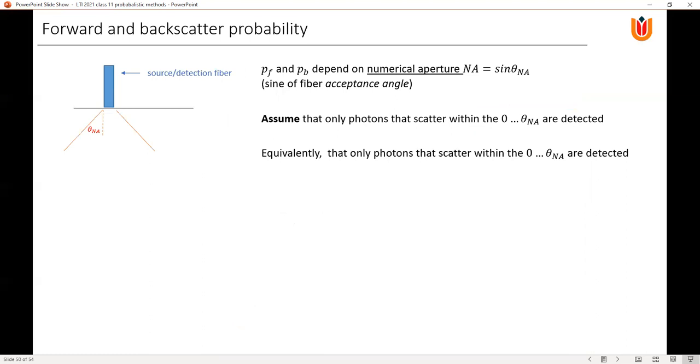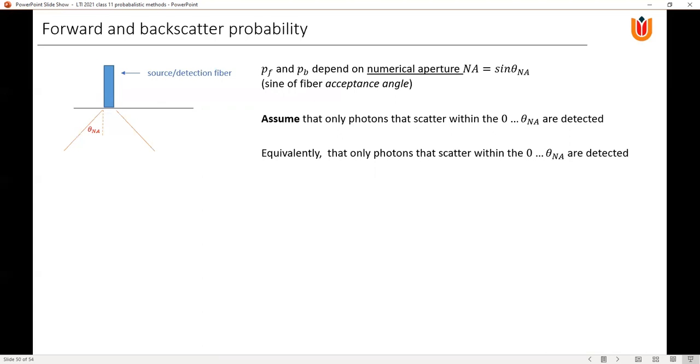Okay, so now we had PF and PB in there as factors that described the probability in the forward direction and the probability in the backward direction. That was a nice accomplishment, but we would like to tie that to some physical measure of the system. One of the thoughts, and this was just how we tried to solve that, is to tie it to the numerical aperture of the fiber.